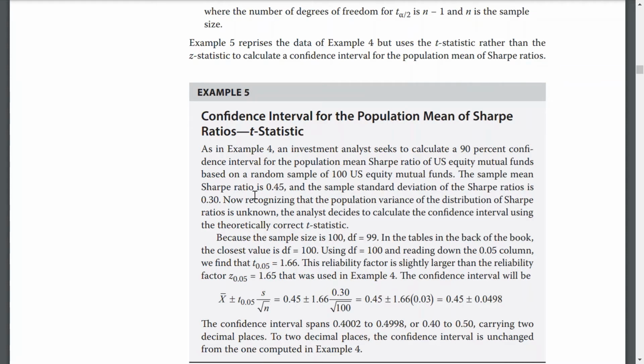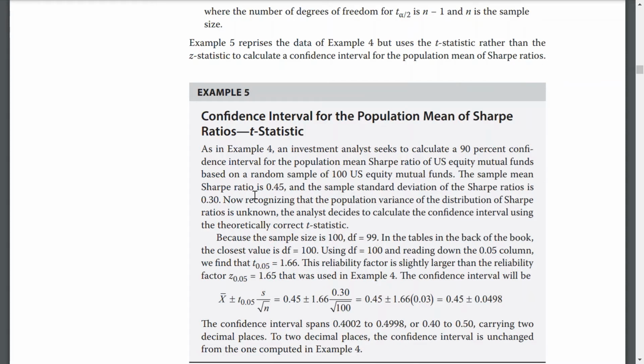In the tables in the back of the book, using df equals 100 and reading down to the 0.05 column, we find that t0.05 equals 1.66. This reliability factor is slightly larger than the reliability factor z0.05, which is 1.65, that was used in Example 4.